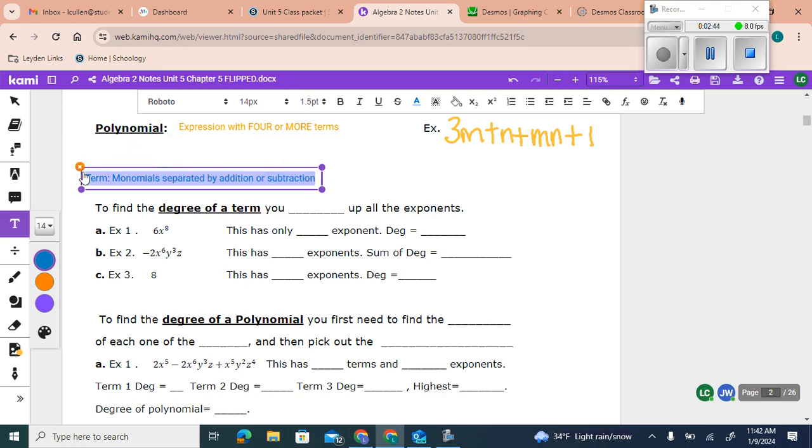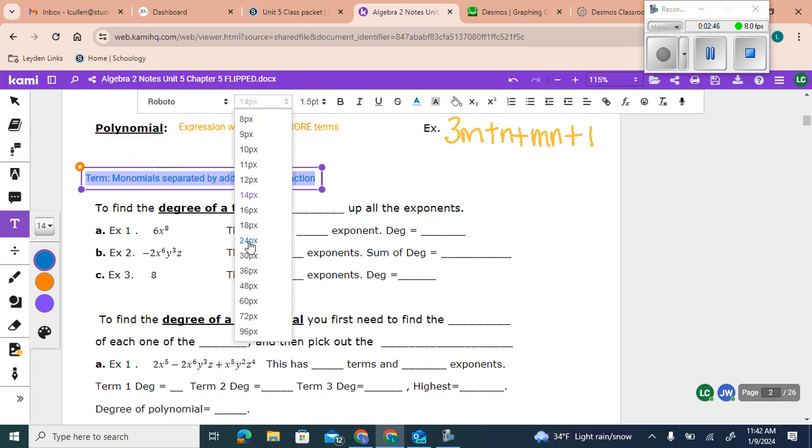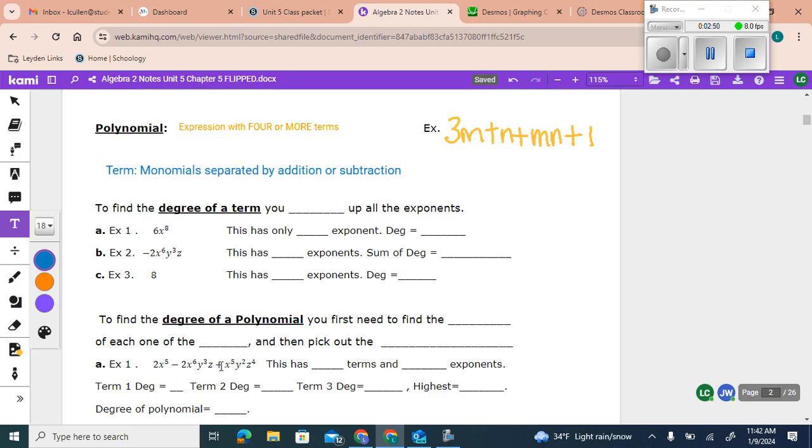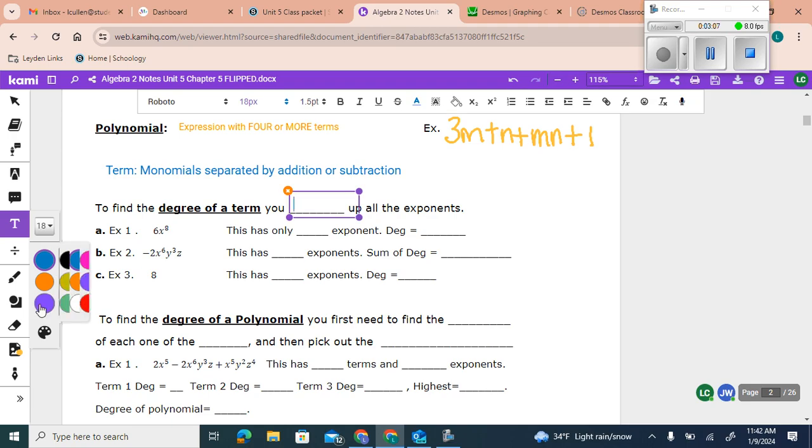Okay, that's important to know. Now we're going to talk about degrees of a term. To find the degree of a term, you add up all the exponents.